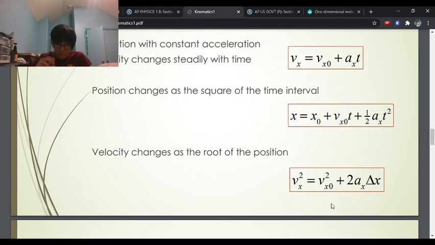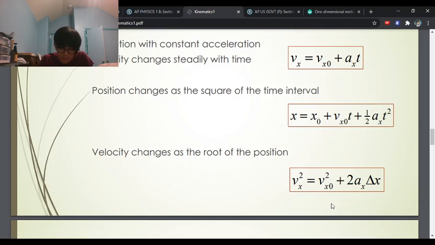So, to solve it algebraically, what we want to do is get a alone, right? So what I did was I subtracted the initial velocity from both sides, and that leaves us with the final velocity squared minus initial velocity squared equals 2 times the acceleration times displacement, right?